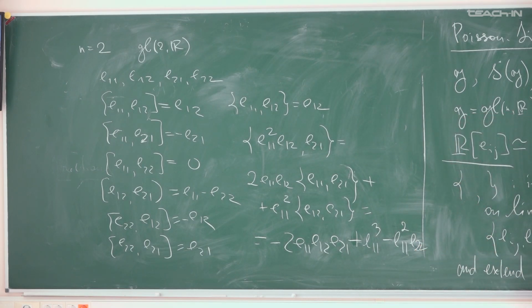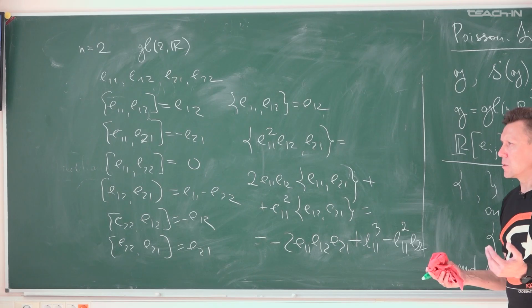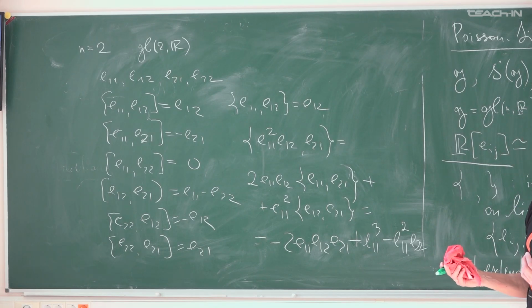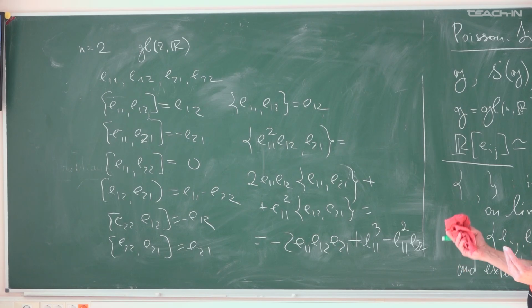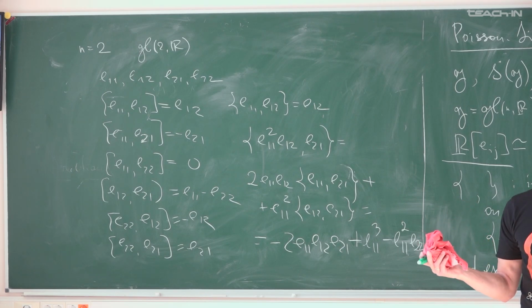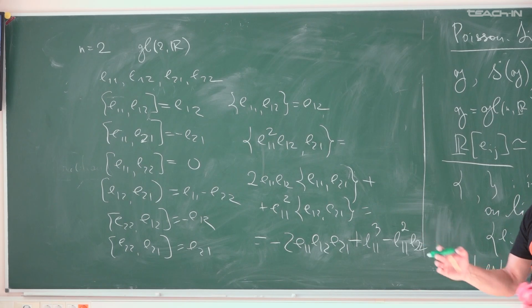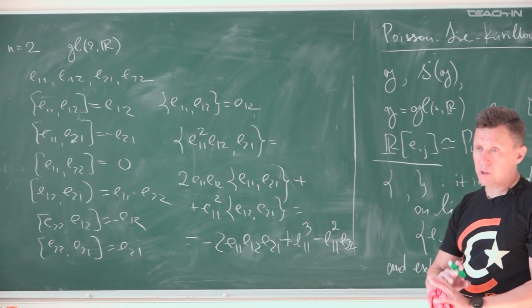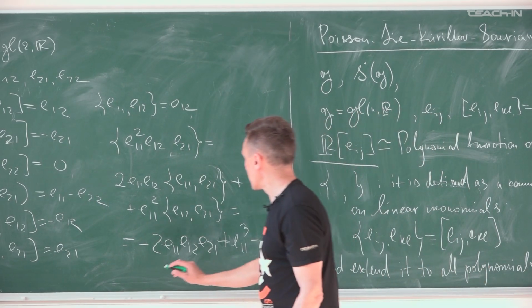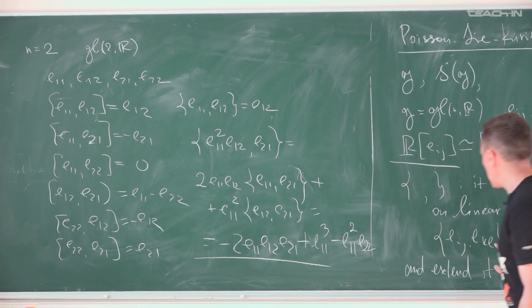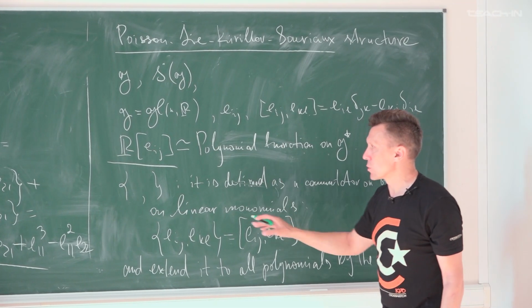Okay. Do you understand why we don't meet some obstacles? So why can we define the Poisson structure on all polynomials? Okay, it is a good question, but it is a definition. We will work with it.